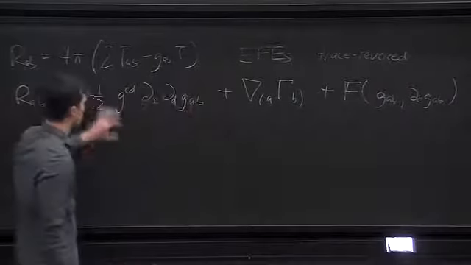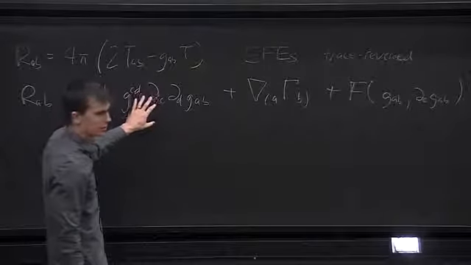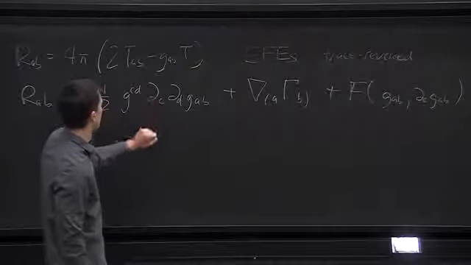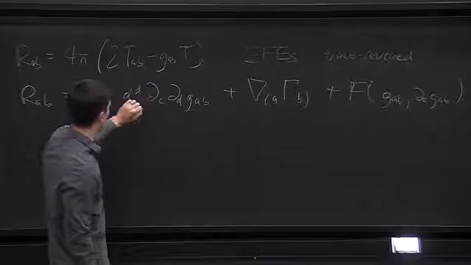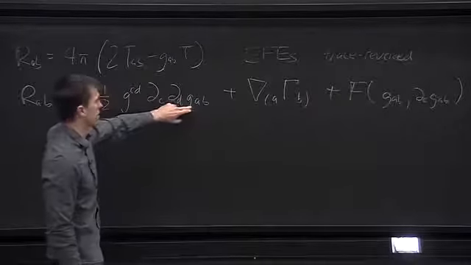Yeah, so the first term is basically just a wave operator. You'll notice, with our metric, ordinary coordinate derivatives act on each component of the metric.